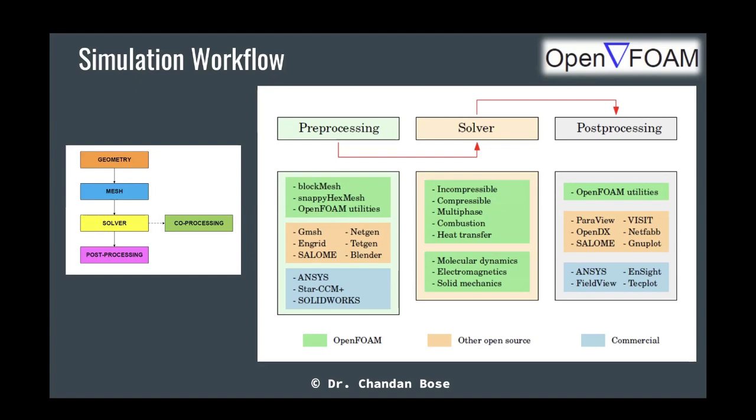Now these are some of the tools that I normally use. blockMesh and snappyHexMesh are OpenFOAM's inherent meshing tools, where you can very easily mesh some simple geometries such as cylinders, flat plates, airfoils, etc. blockMesh does structured meshing, and snappyHexMesh adopts a cut cell approach.